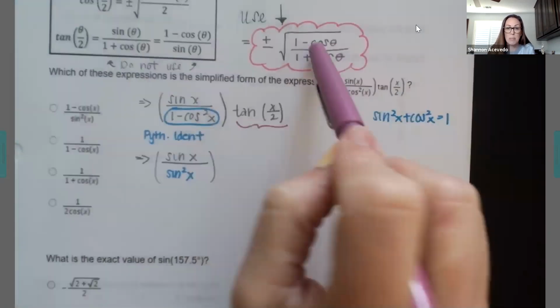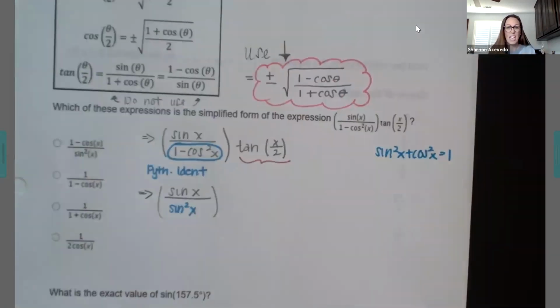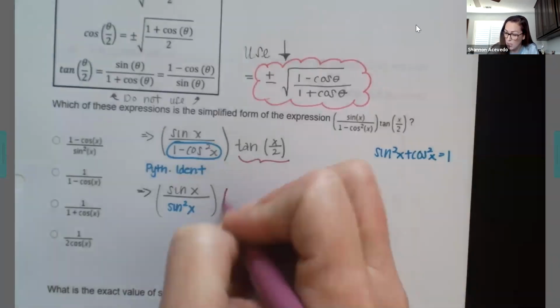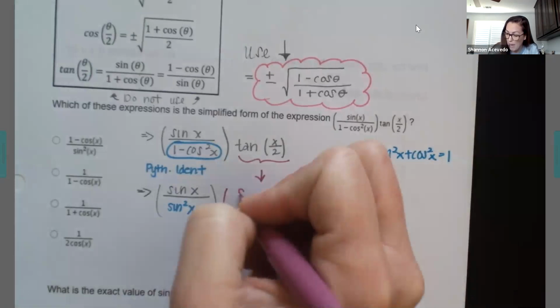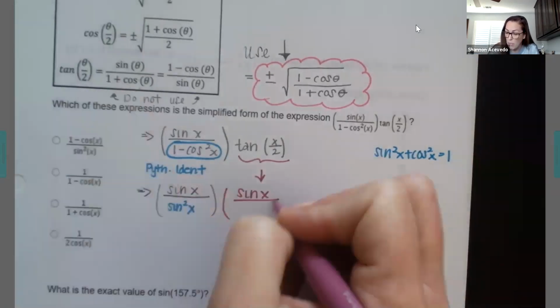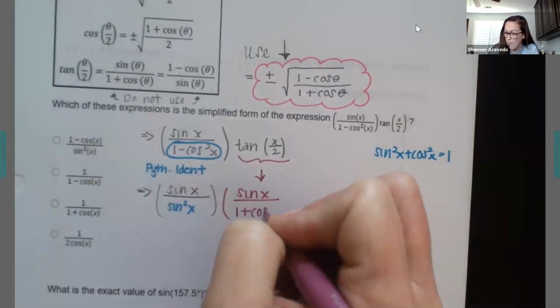In this case, I'm simplifying, so if I use this one, it's just uglier to work with. So if I'm going to simplify, I'm going to pick one of these two, just because it's easier to work with. No other reason than that. And so I'm going to choose my sine of x, this one right here, all over 1 plus cosine of x.